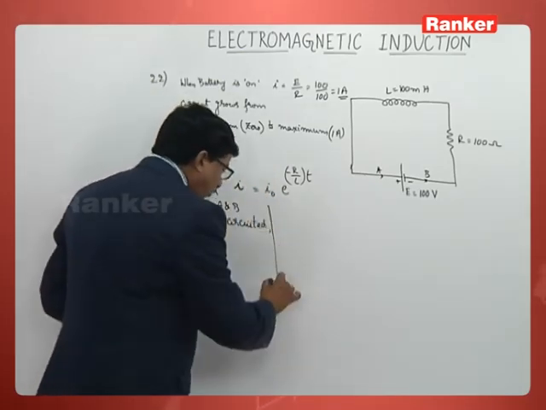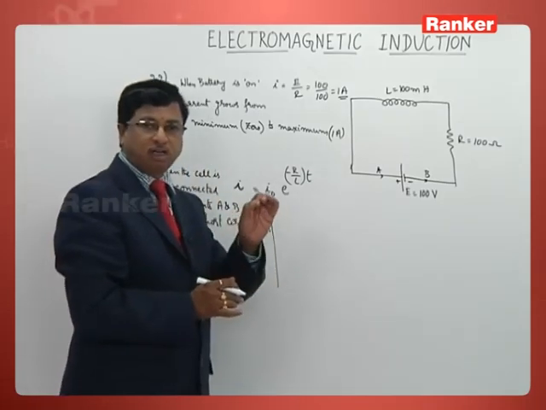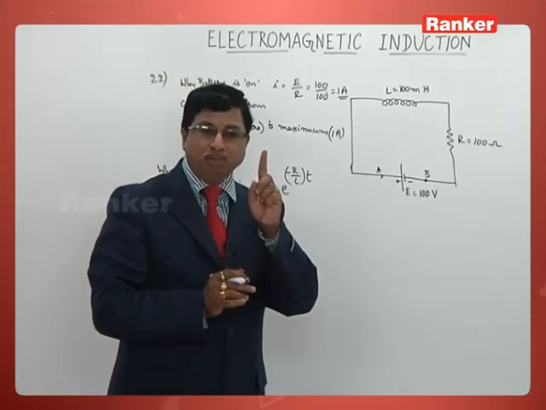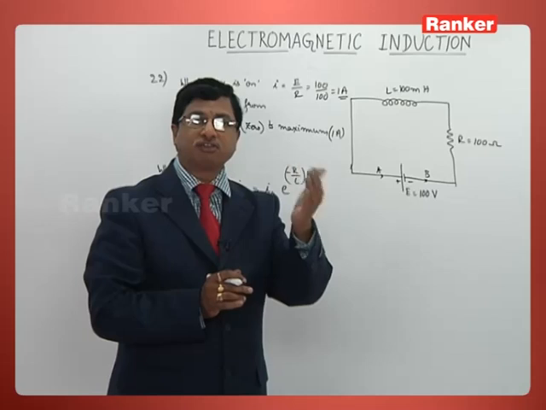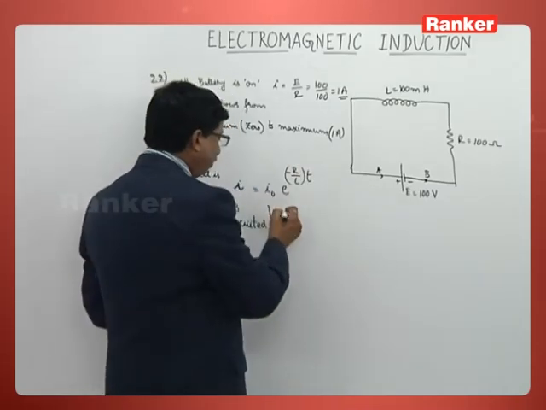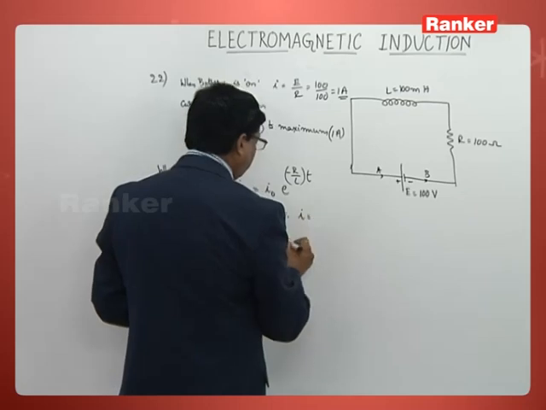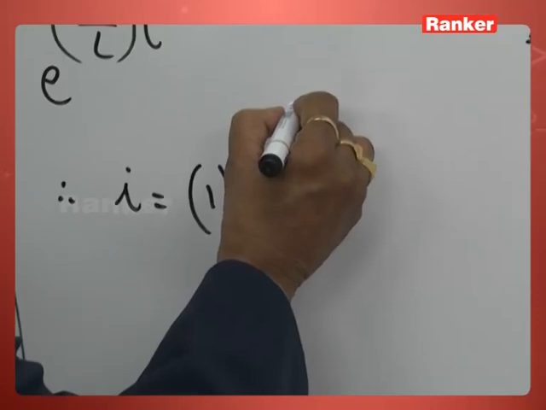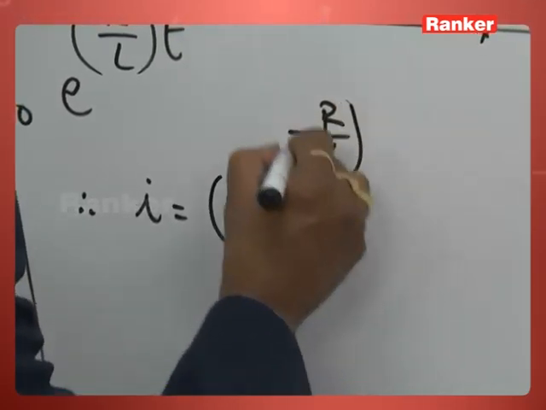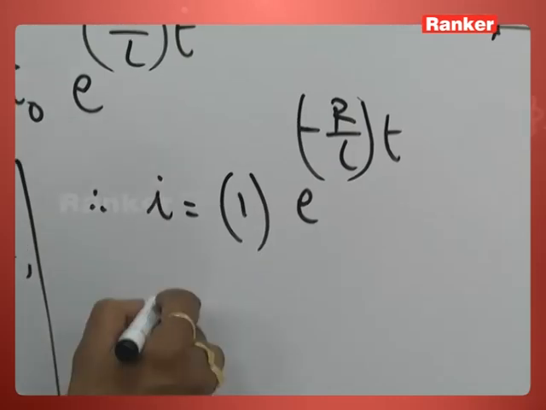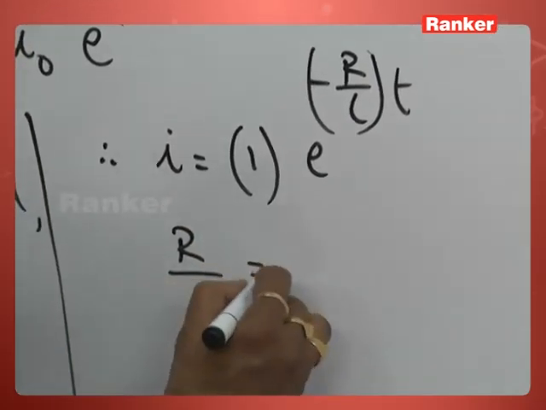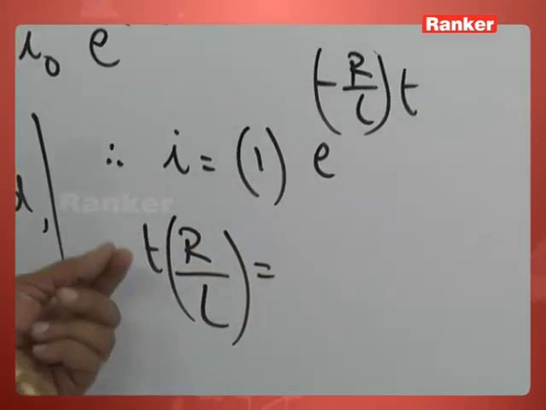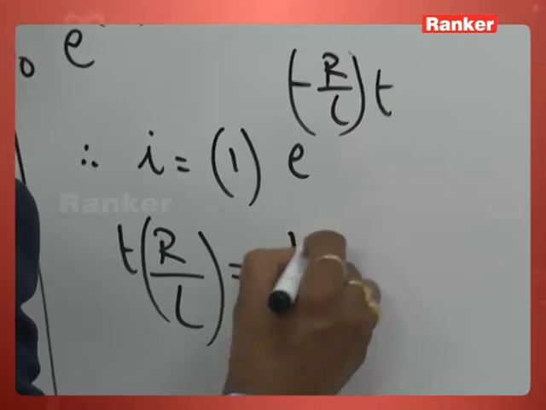So straight away we can now calculate what is the required value. The current in the circuit 1 millisecond after short circuiting it. That means you calculate this way. Therefore, I is equal to I naught, which is 1, e power minus R by L into T. What is the value of R by L into T? What is resistance given? 100.